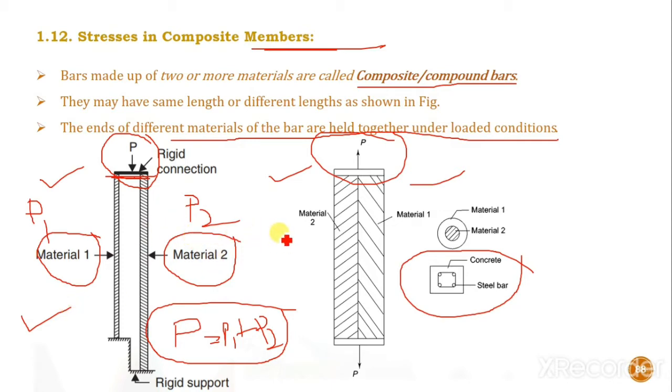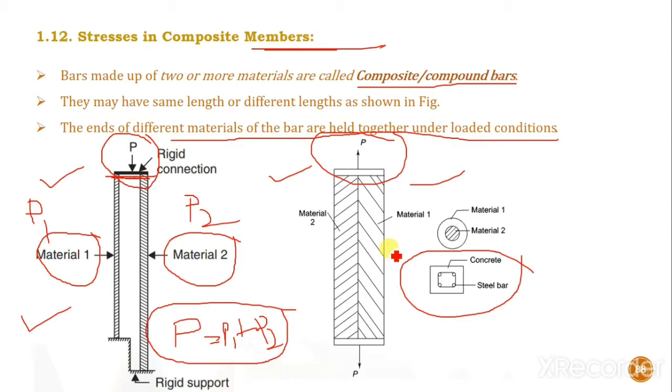The other important thing here is that as these two materials are different, they have different properties and undergo different amounts of change in length for a given load, practically, if they are dealt with separately.